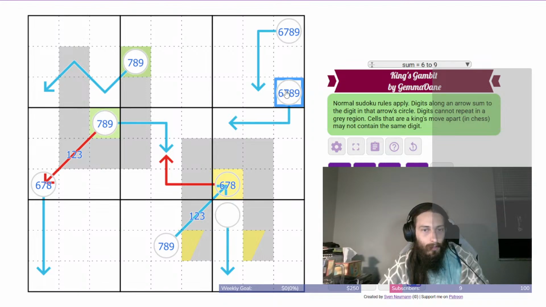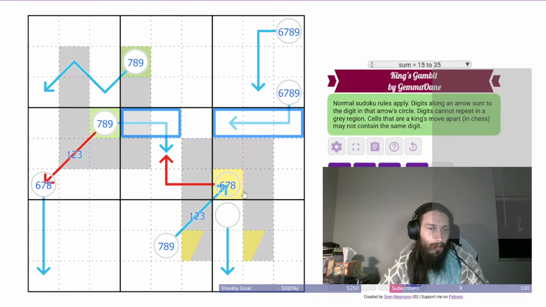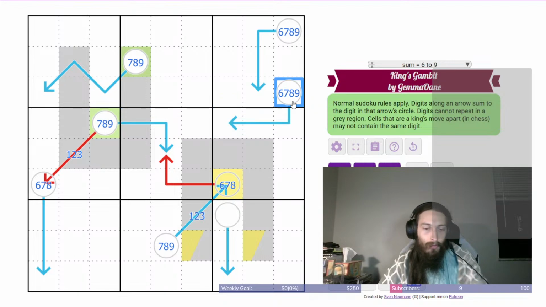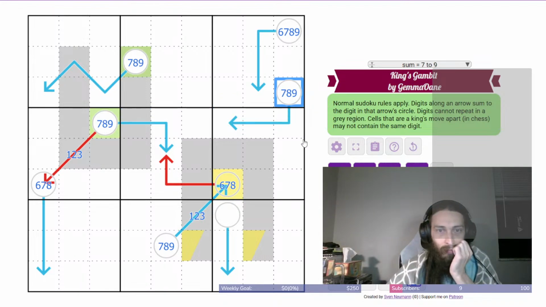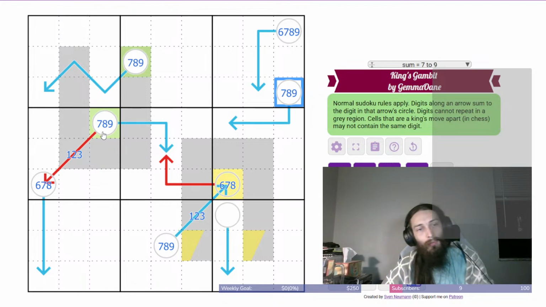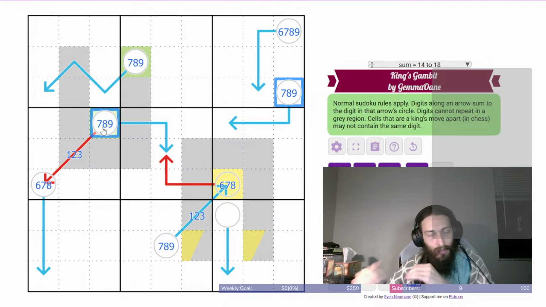So this cannot be a 6, because if this was a 6 and this was a 9, you've already got 15 covered there. So you can't have 6 there. Now, these can't both be 7, but they could both be 8.